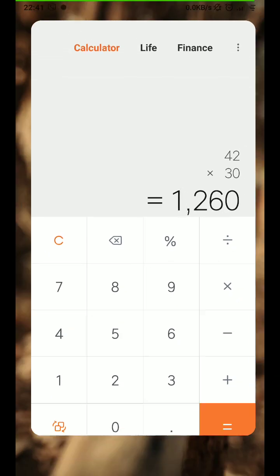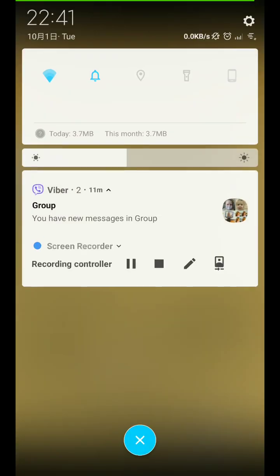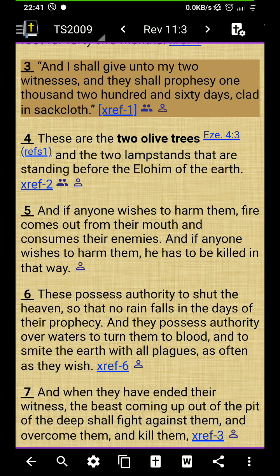So this is a first account of timing where we see that a month is actually 30 days only. Not less, not more, but 30 days precisely. Because it says 42 months, it's 1,260 days, right?